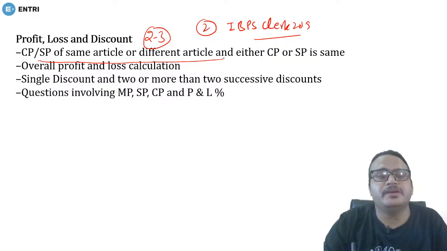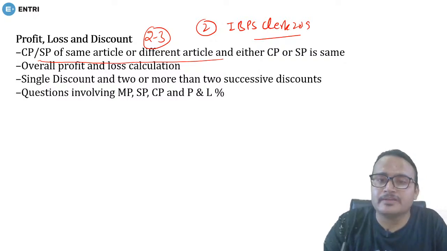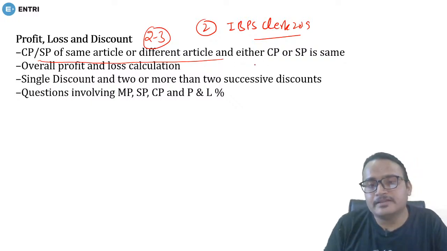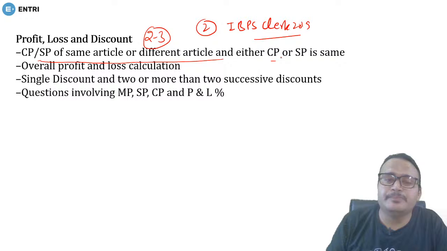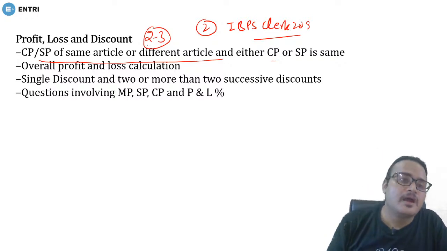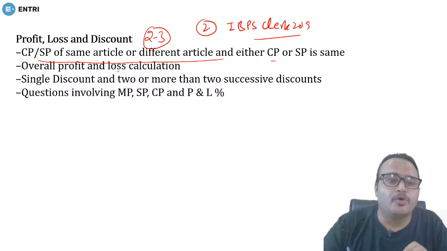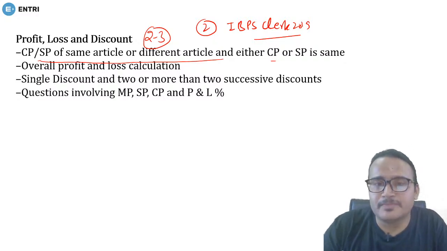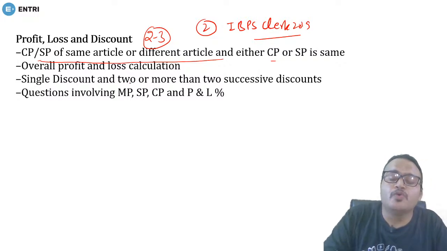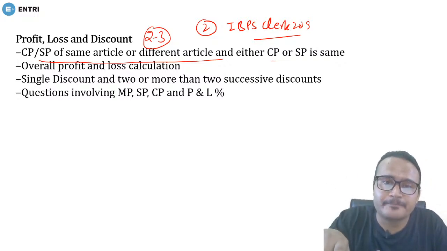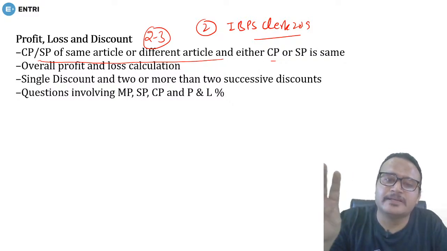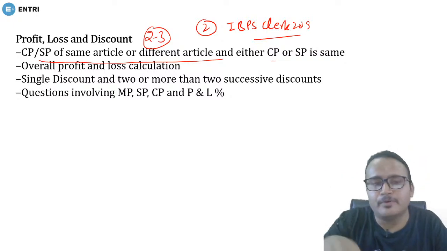CP or SP of the same article, different articles, and along with that a condition is also there in the question, like either the CP or SP given in the question is the same. After that, overall profit and loss calculation must be there. Maybe there is a single discount and 2 or more than 2 discounts must be there. So guys, just like successive percentage, the concept of successive discount is the same.